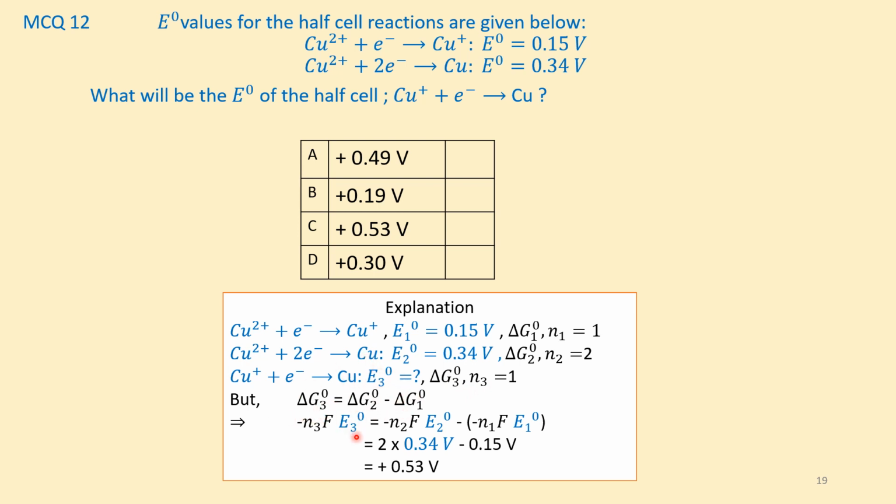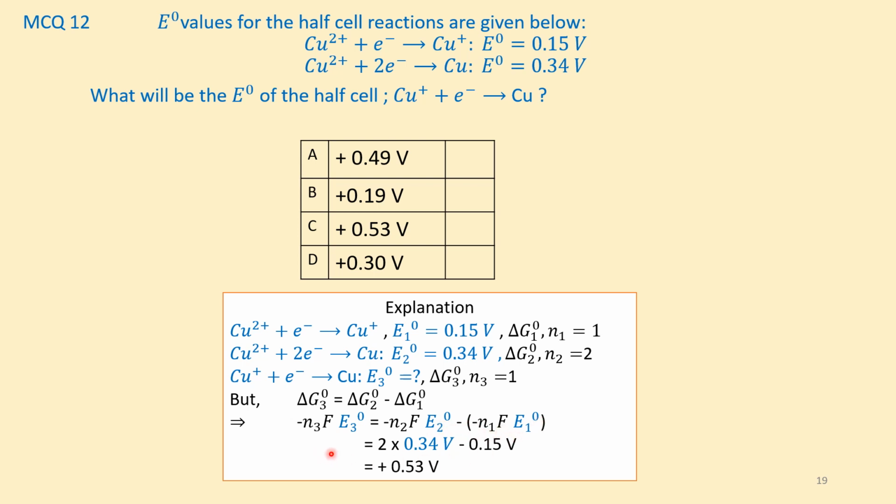So we have to substitute in the formula delta G3 naught equals delta G2 naught minus delta G1 naught. So for G3, n3 is equal to 1, minus n3 F E3 naught is equal to minus n2 F E2 naught minus n1 F E1 naught.